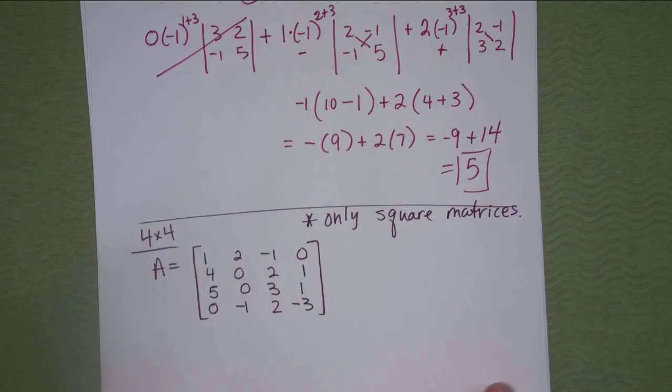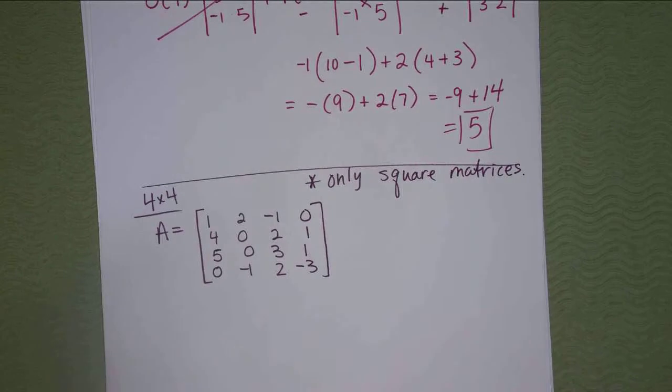I'll just say that again, only square matrices. So there's no such thing as a determinant of a matrix that's not square. 2 by 2, 3 by 3, 4 by 4.